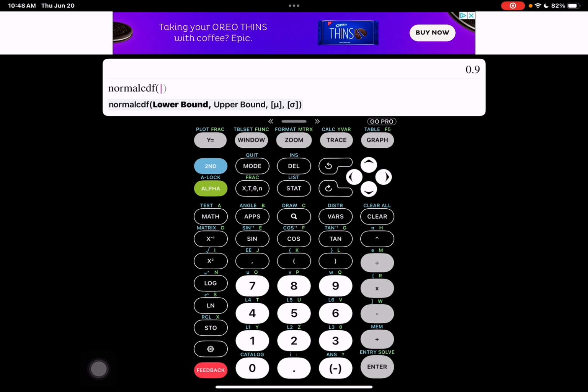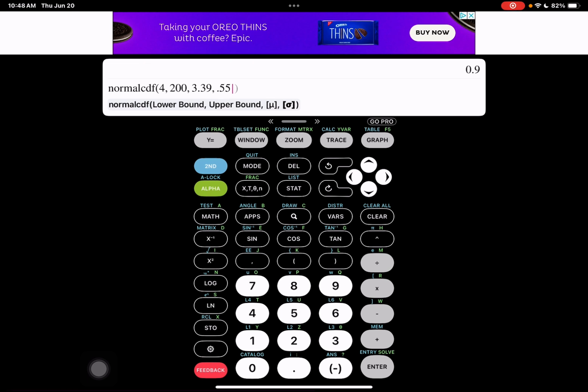So the lower is 4, comma. The upper, I said to put in 200, something ridiculous so we know we include all the data. Our mean is 3.39, comma, and our standard deviation is 0.55.